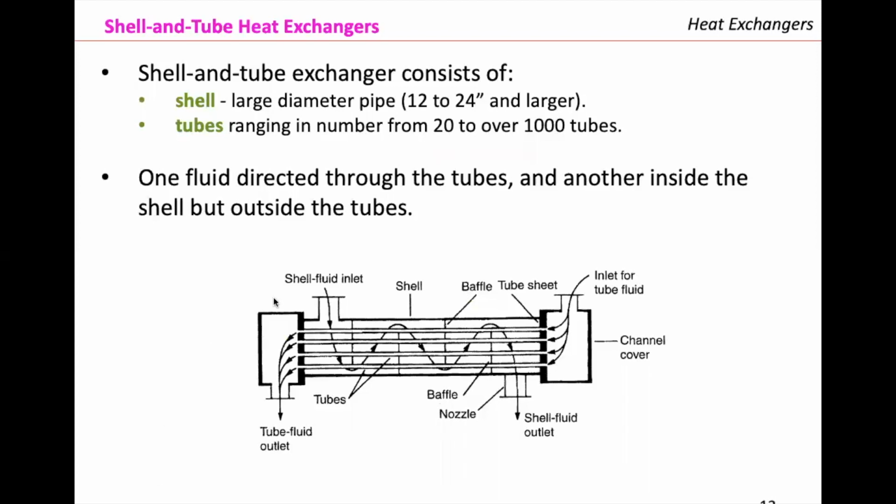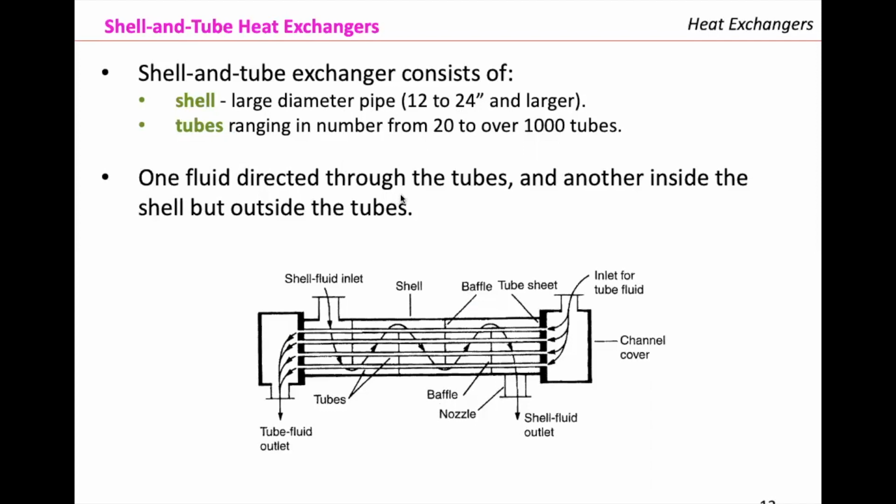So typically, a shell and tube heat exchanger consists of a shell, and we already said that it's nothing more than a large diameter pipe, typically in the range of 12 to 24 inches and larger, and also consists of tubes, ranging in number from 20 to thousands of tubes.